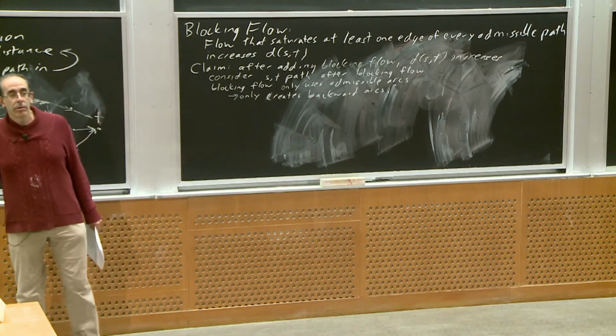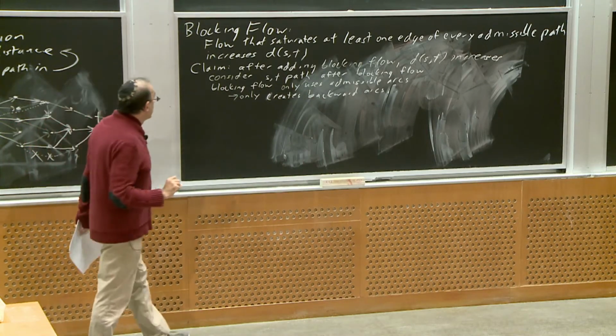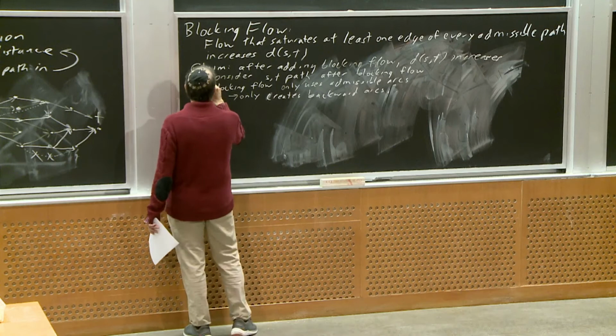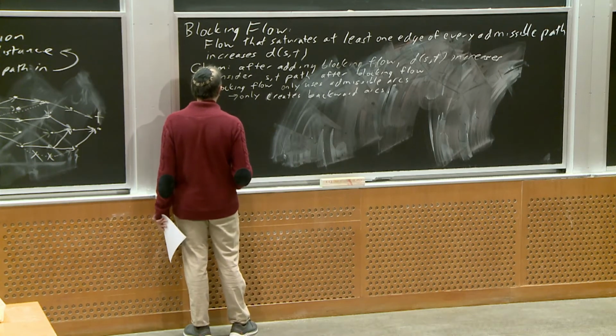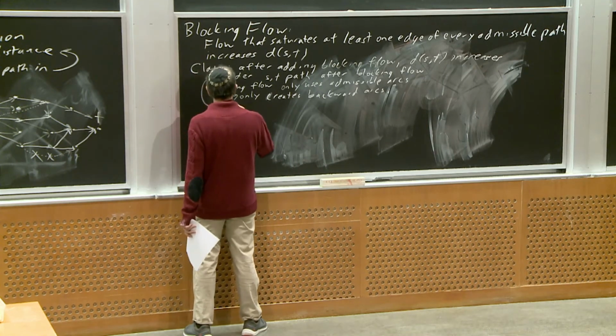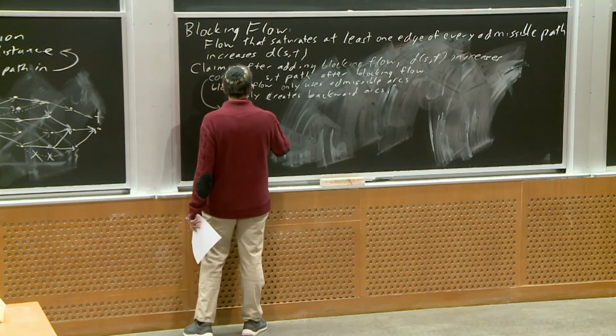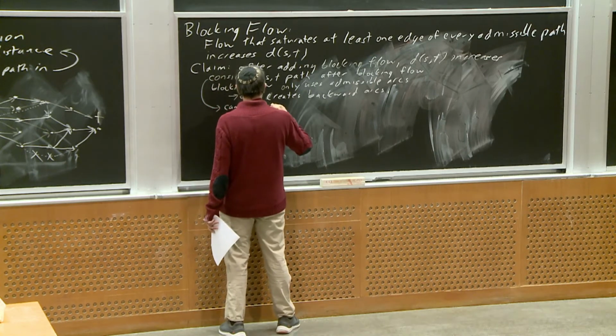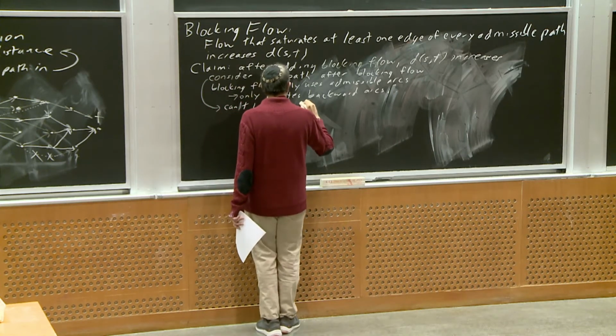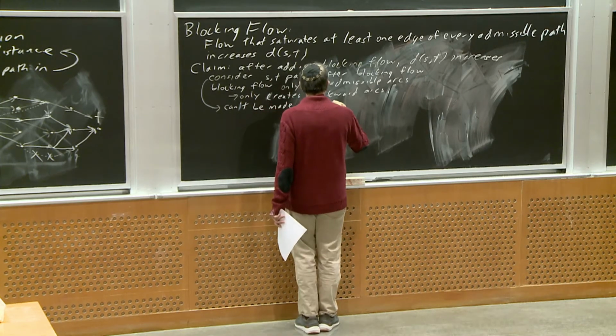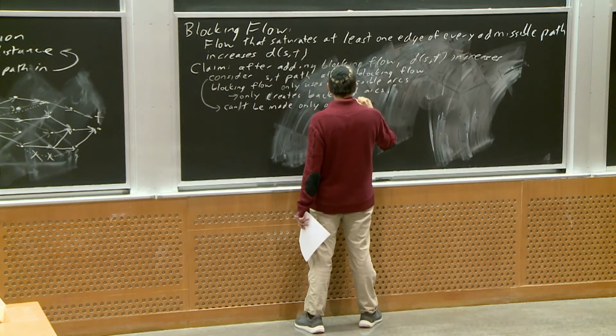So this ST path that exists after the blocking flow can't be made only of initially admissible arcs.